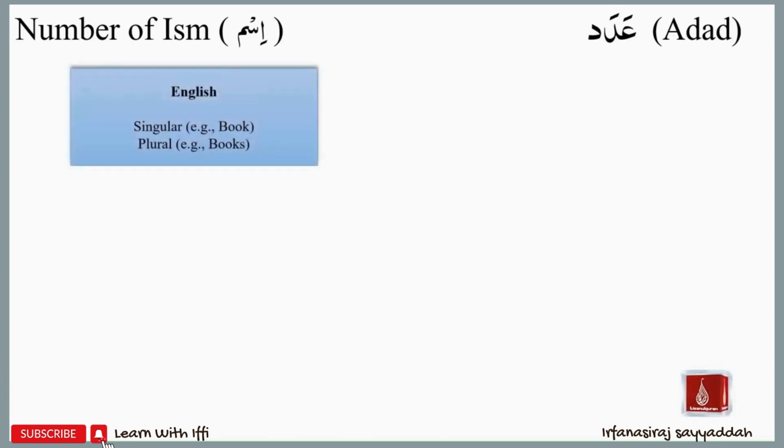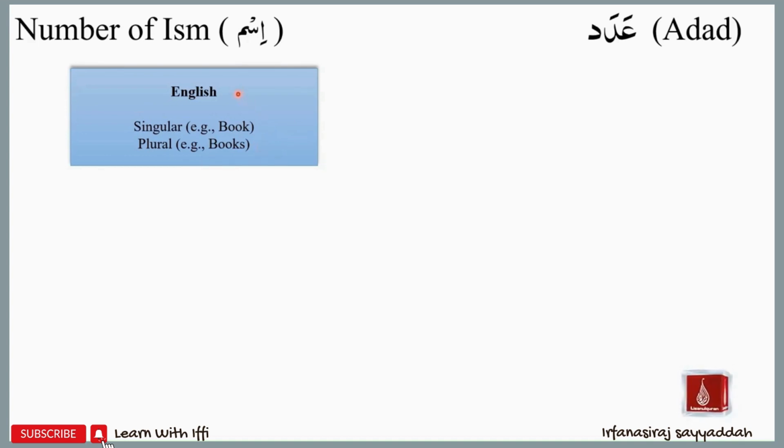In the English language, when we are looking at numbers from a grammatical standpoint, we come across 2 categories: singular and plural. For example, if we are referring to one book, we will use the word book. If we are referring to 2 or more books, we will use the word books.